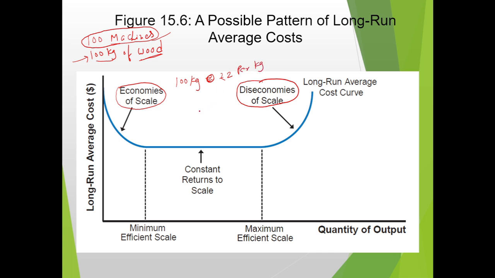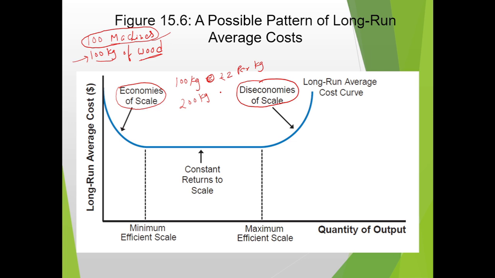This was the rate. Now you are increasing your production. So what do you do? You increase the use of wood, so you have to purchase more wood. Let's say now you purchase 200 kg of wood, right?